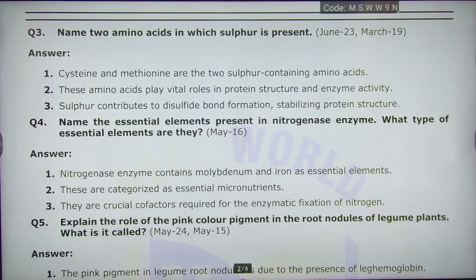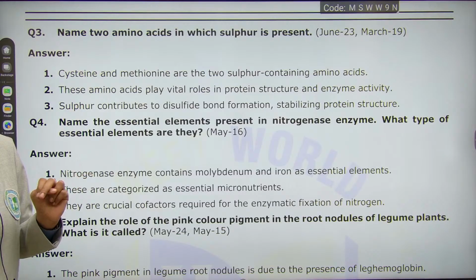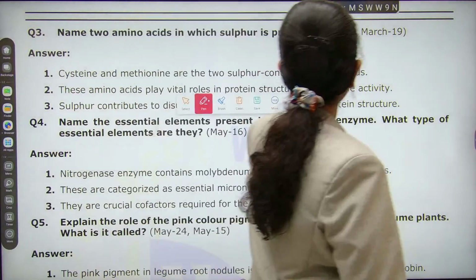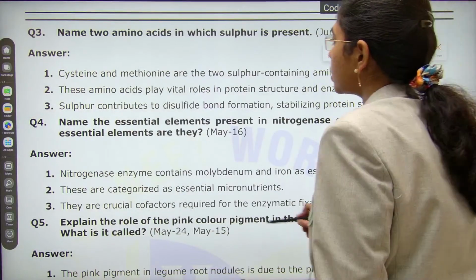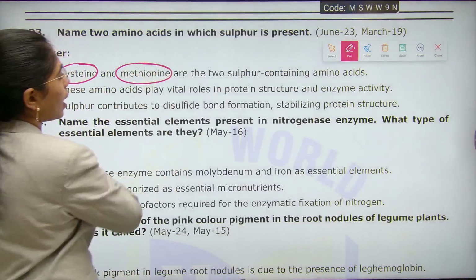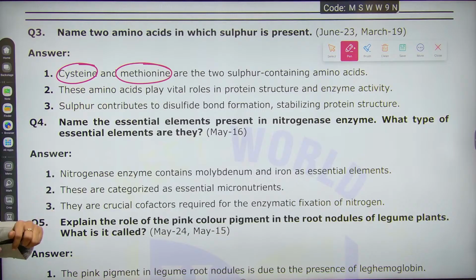Name two amino acids in which sulfur is present. Sulfur is present in two amino acids which we know very widely, cysteine and methionine. What are the vital roles of these amino acids?